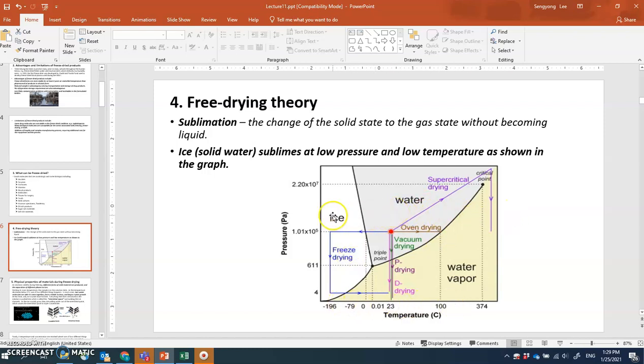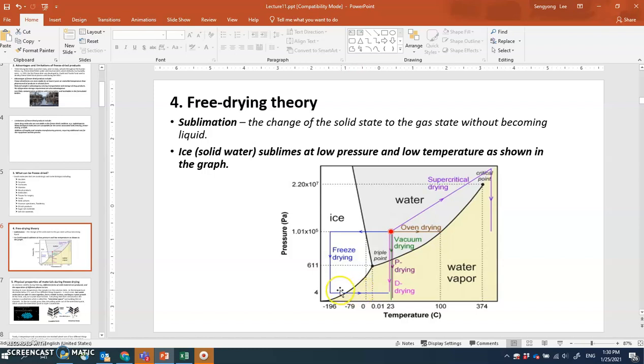But if you combine the temperature factor with a pressure factor, then you can have more control. Let's say water is frozen first, so the liquid is crystallized, and then what happens if you drop the pressure? It still is crystal water, and from there you can slowly heat up your crystallized liquid and see what happens.